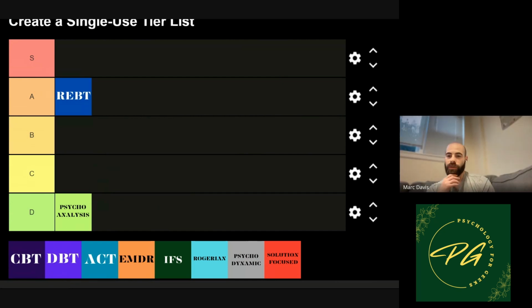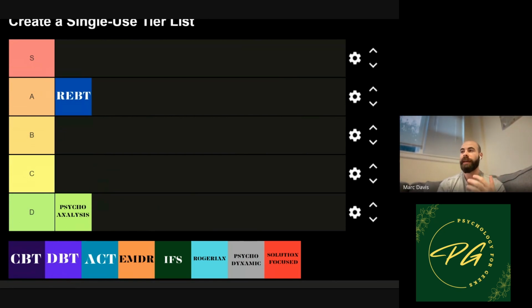The reason I put it at S more so is because a lot of these therapies that are called band-aid solutions depend on how they're implemented. CBT, for example, is a lot of times called a band-aid intervention because it doesn't delve deep, and it's not always about finding the deep thing that happened in your past.